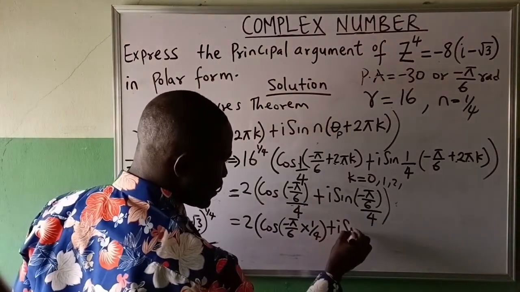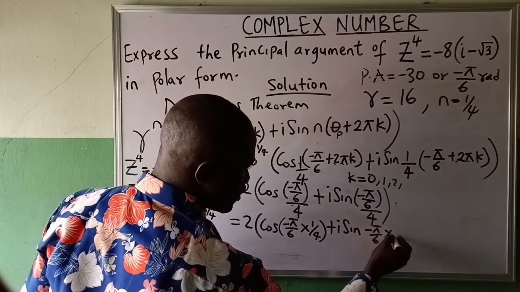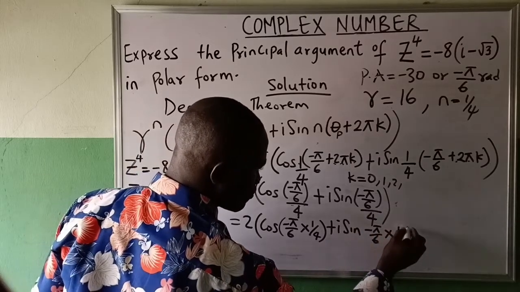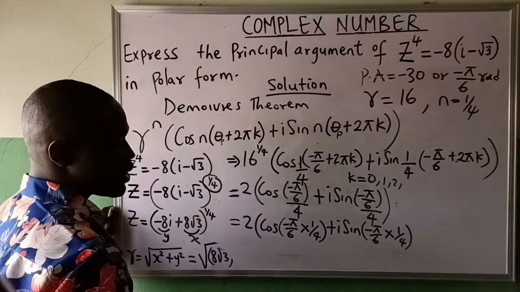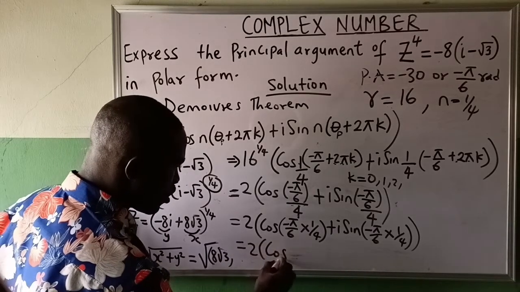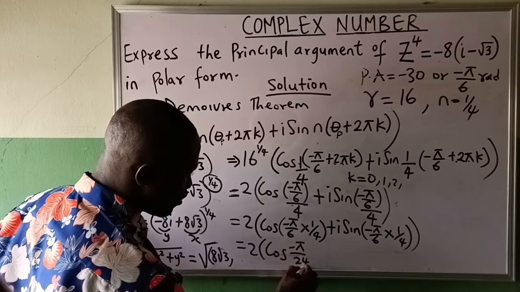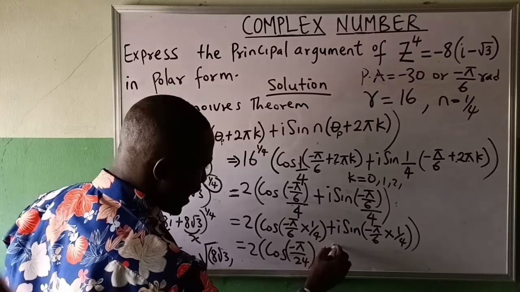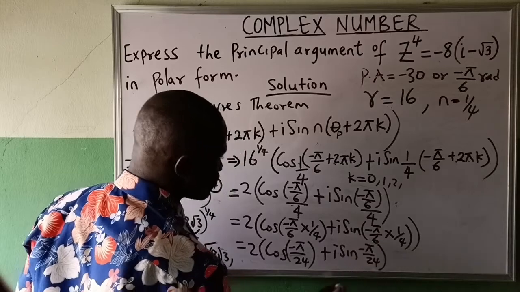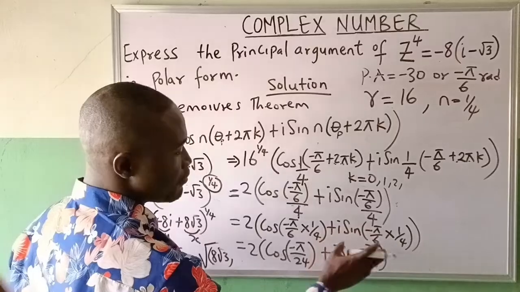Plus i sine minus pi over 6. Change this division to times. 4 means 4 over 1, so invert it, 1 over 4. Okay? So you'll be having it to be 2 bracket cos minus pi over 6 times 4, 24, plus i sine what? Minus pi over 24. That is when you want it to be in radian.